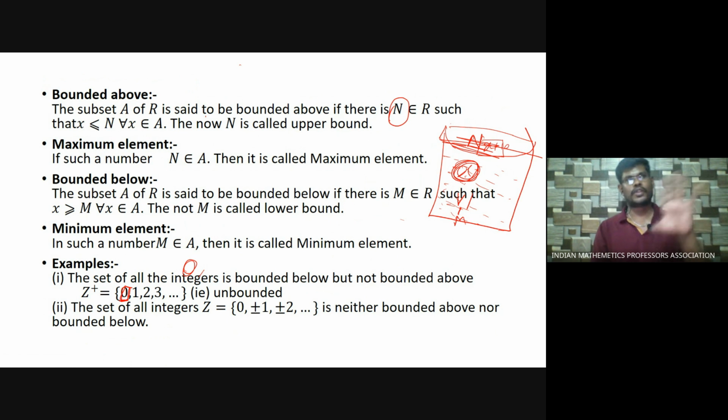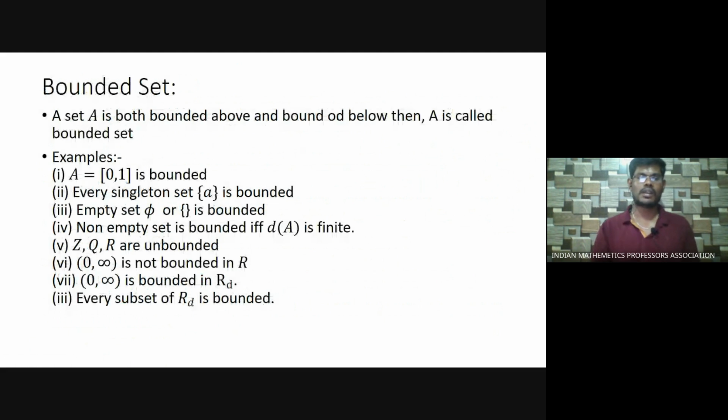So we don't know about the minimum element or the maximum element. That's why this is not bounded above and not bounded below. And the bounded set: if a set has a bounded above value and a bounded below value, then that set is called a bounded set. Okay, so here we have a few examples.